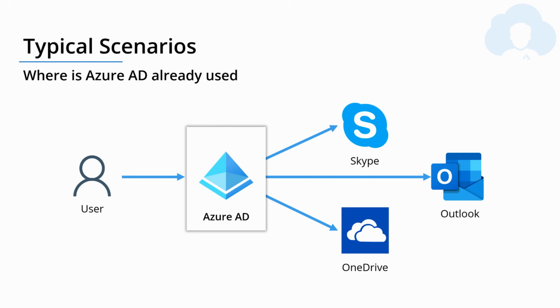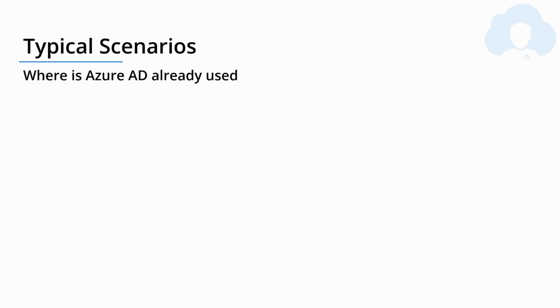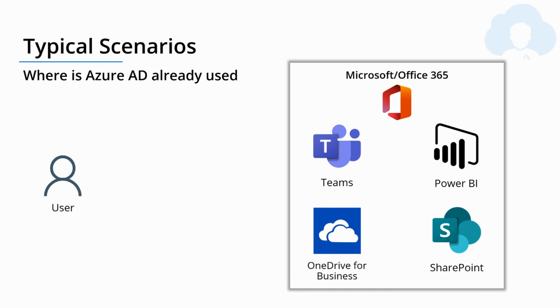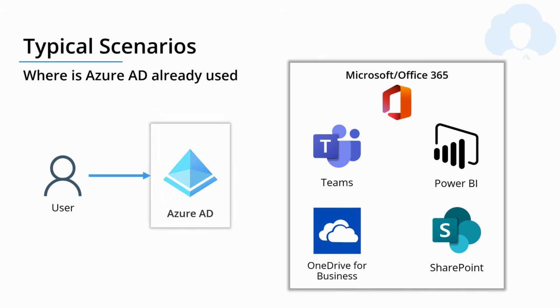So when you log into your Live ID, you are in fact logging into Azure AD to access any of those services. If you work in an organization and that organization has Office 365 and Microsoft 365 services like Teams, Power BI, SharePoint, OneDrive for Business, or any other service from that package, you again use Azure Active Directory to log in to any of those services.